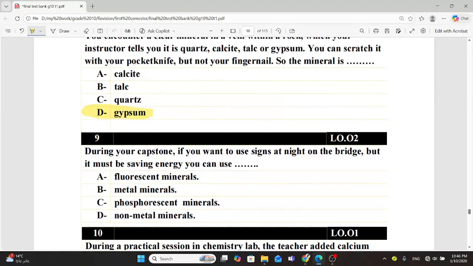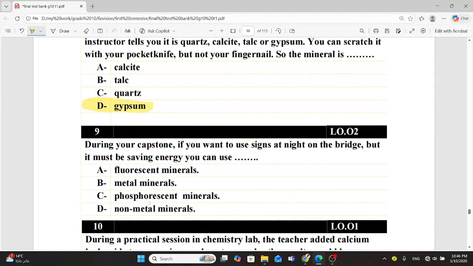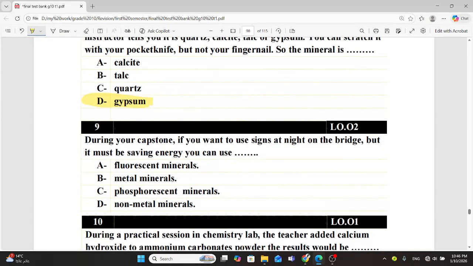During your capstone, if you want to use science at night on the bridge, but it must be saving energy, you can use phosphorescent mineral ولا metal mineral ولا non-metal mineral. Phosphorescent mineral.